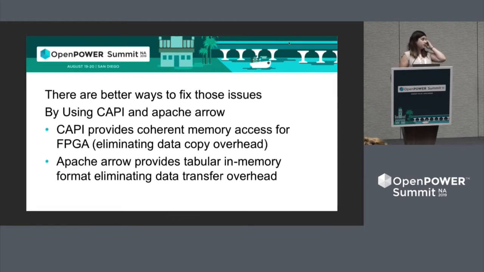So what we came up with was using CAPI and Apache Arrow. OpenCAPI gives the FPGA coherent memory access, and Apache Arrow is an in-memory tabular format. They both reduce data copy overhead.